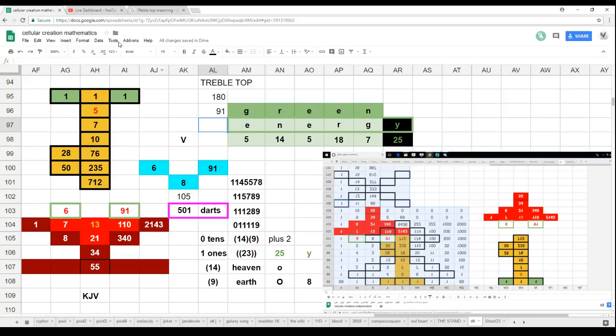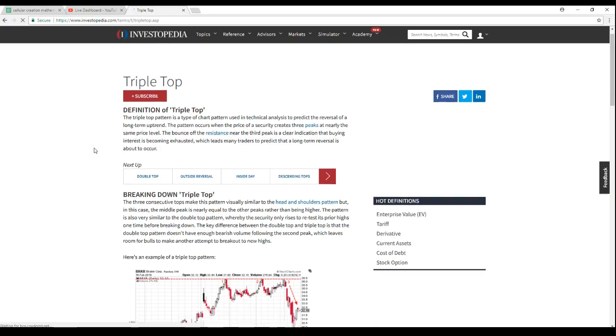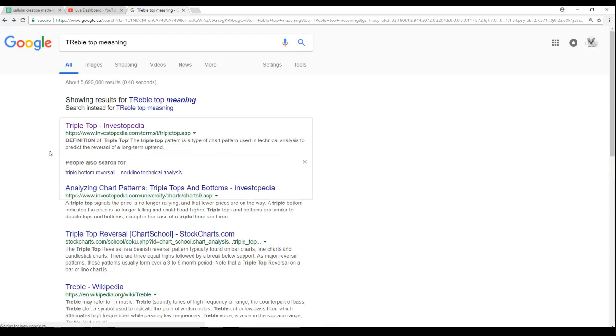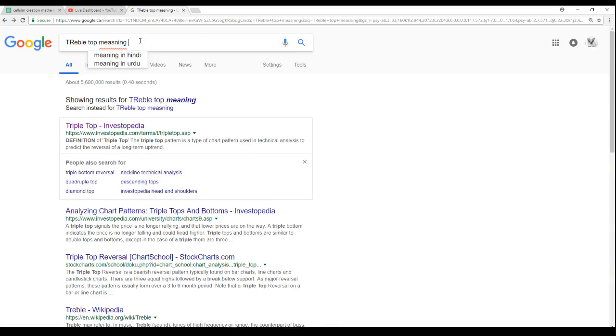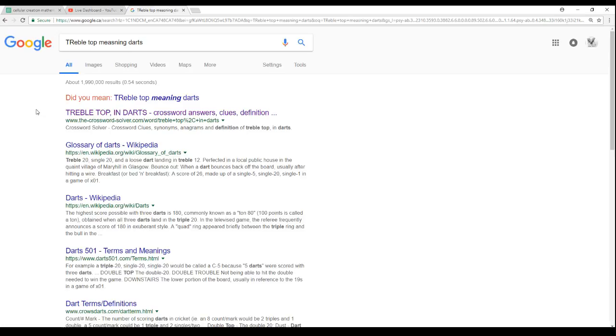Okay? Treble. What is this? Investopedia. Just tell me what it is. Triple top. It's called the triple top. What are triple top patterns? No. Darts. Come on, internet. Are you making up words? Glossary of darts 501s.